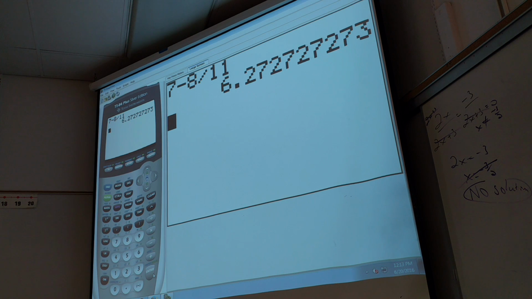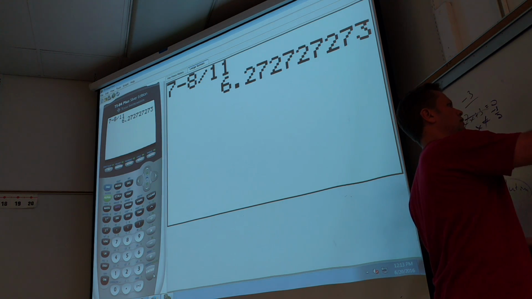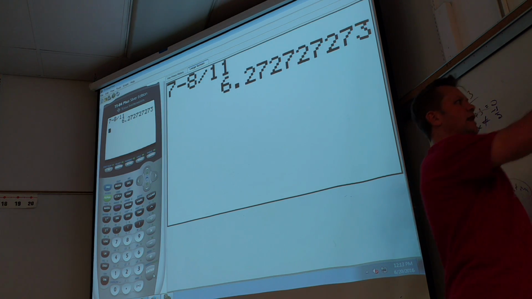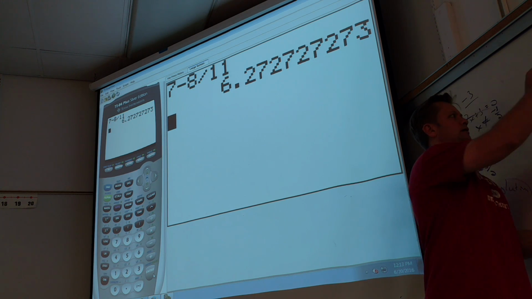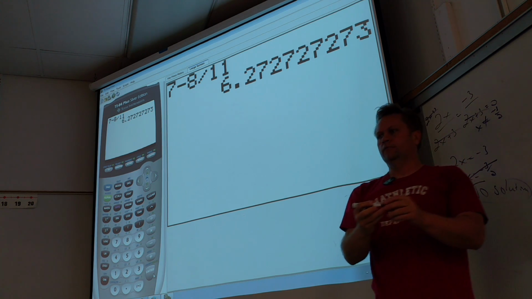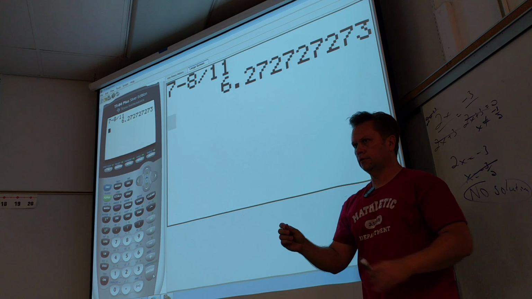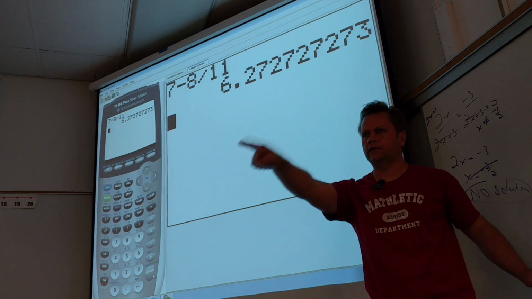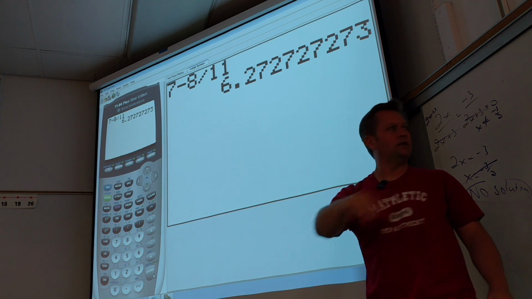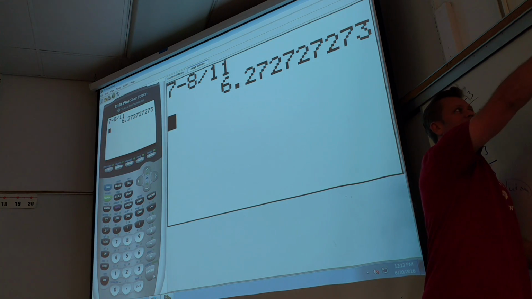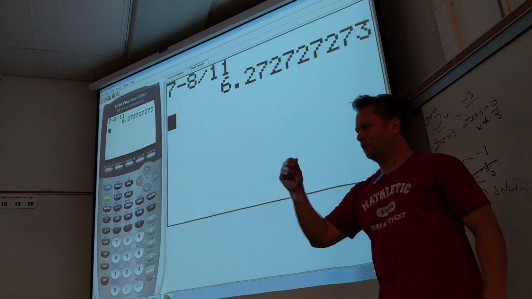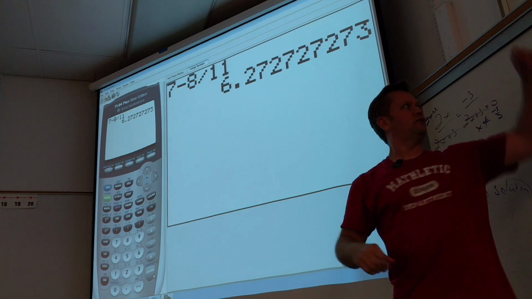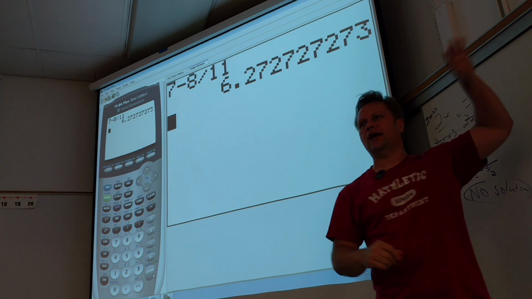The calculator can only understand in a straight line. So if I write that, it's not going to be right. I got to tell it, do this first. That's why a lot of us think division is last, but not every problem in the universe is like this. Division is not always last. Only if it was written like this, then division is last.